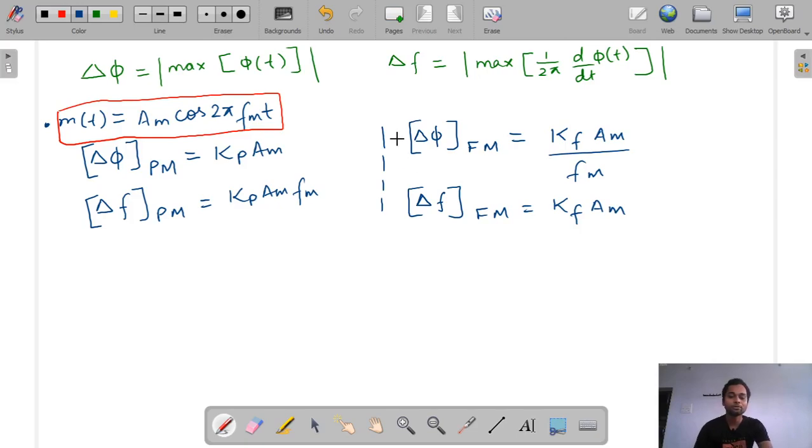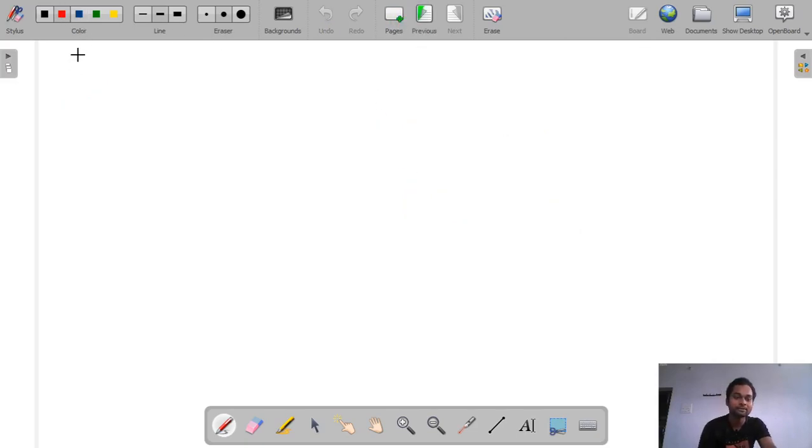So today we will do some important previous year GATE questions. So let's take an important GATE question. This is a previous year question of GATE.